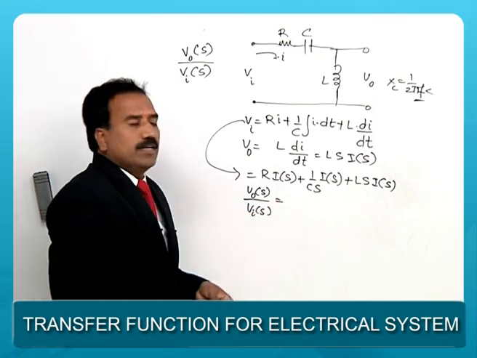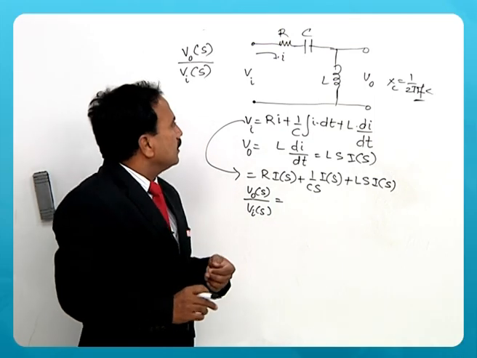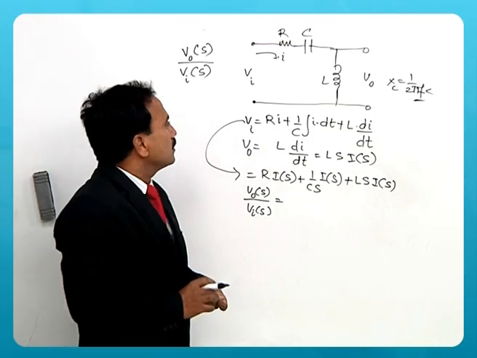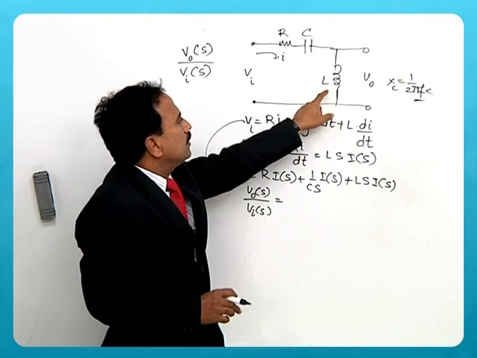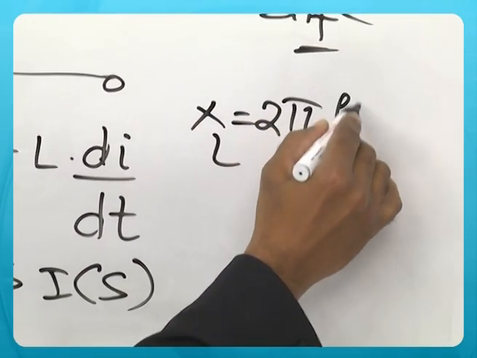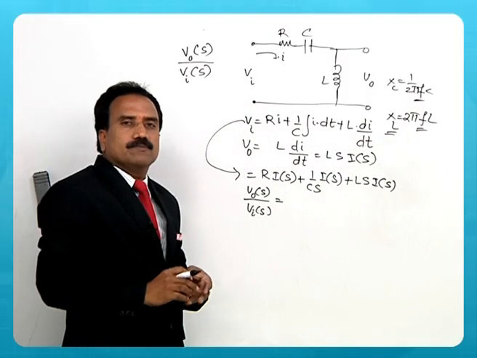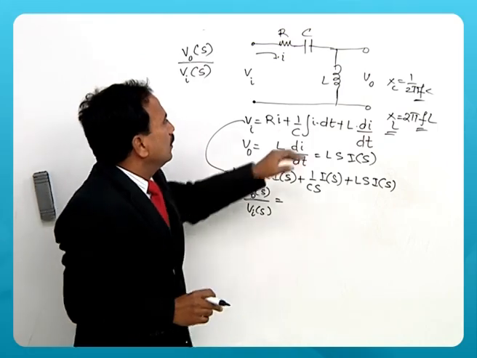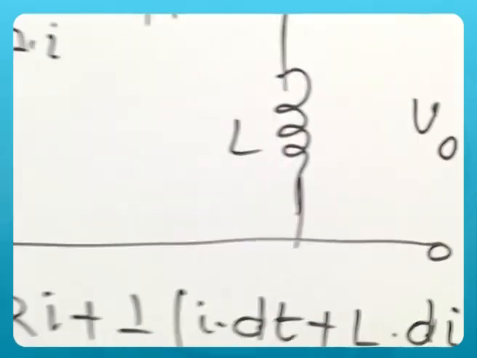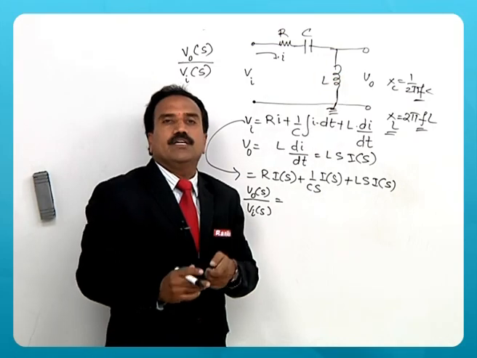So, inductor, when you place across the output, it is a high pass filter because at low frequencies, as you know that XL is equal to 2 pi FL. So, for low frequencies, this inductive reactance acts as a short circuit. So, low frequency signals are passed to the ground, only high frequency signals are being allowed.